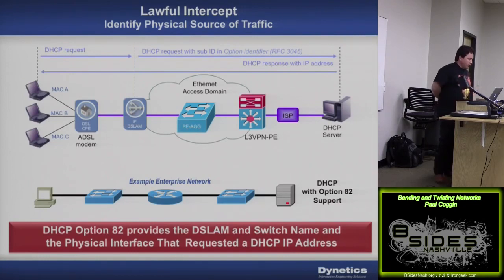But what you can do, and what we do in the telco world, you can do in the enterprise, is turn on DHCP snooping, and if your DHCP server supports option 82, what happens is when you do DHCP snooping out at your edge device, your access layer, when that network device sees the DHCP request, it injects into the header the name of the chassis and the physical port interface number as it heads northbound. And if your DHCP server supports option 82, it will log that.